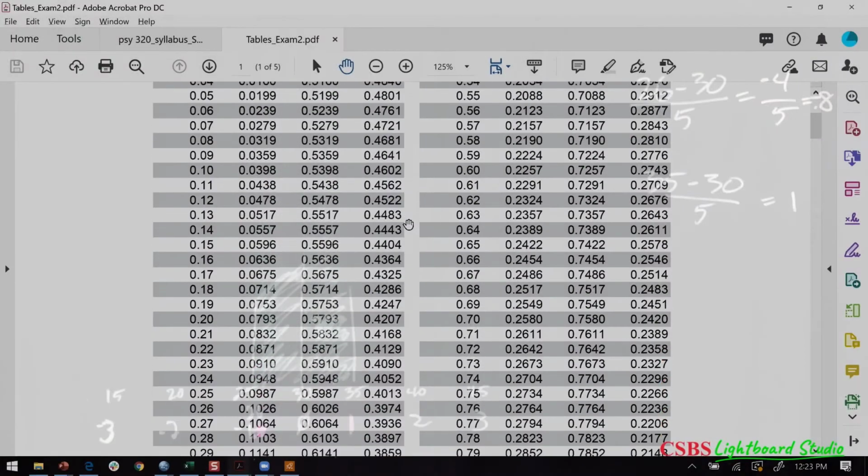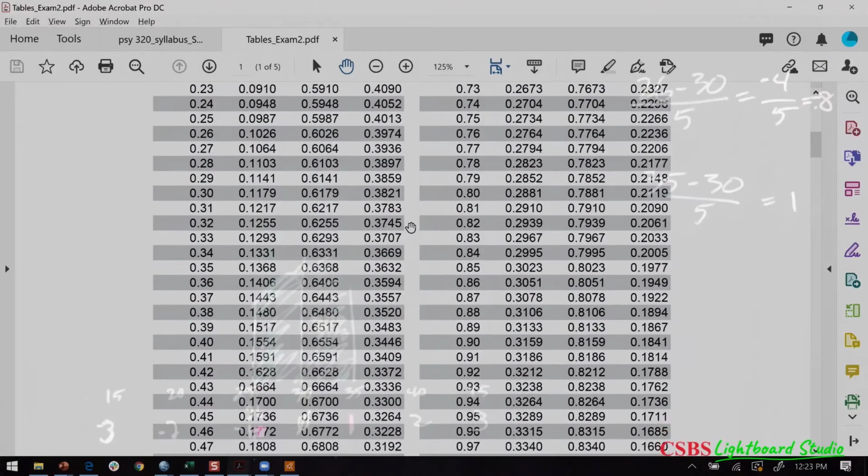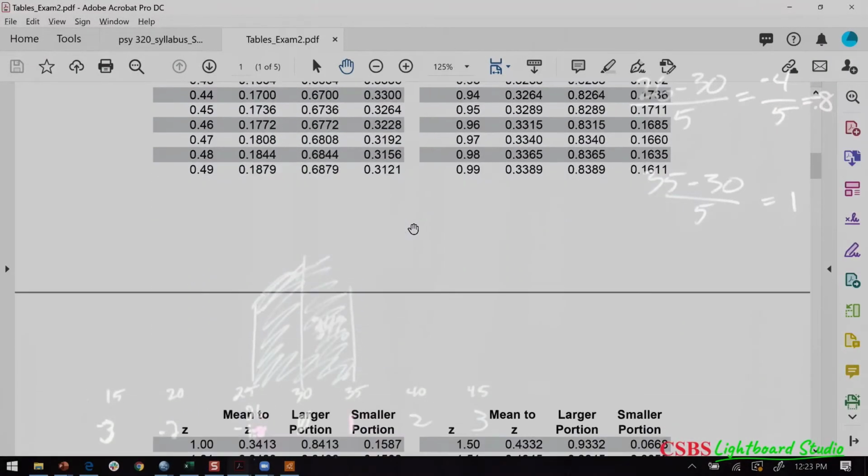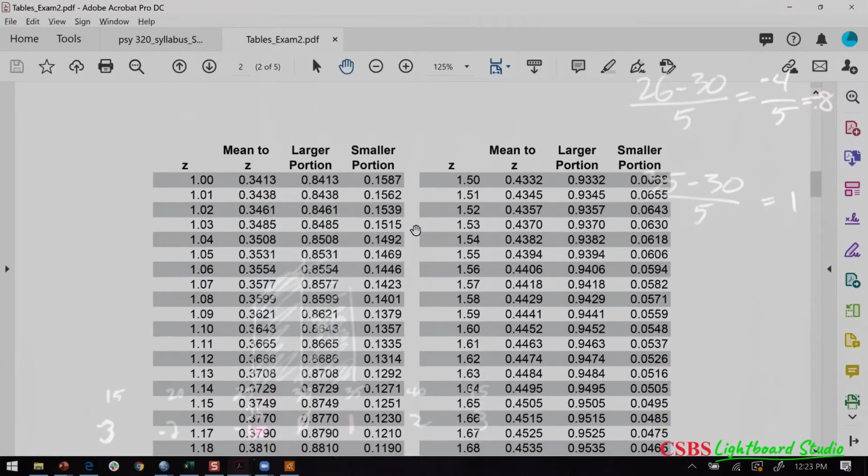Let's just look at 1 real fast just to make it sort of easy, and then we'll come back to 0.8. So for 1, again, I'm looking up the mean to z for both of these. Now, the reason I want to do that, with this distribution, I want the area from the mean to that z and the area from the mean to that z. I want those areas. Maybe a little hard to see, and I'll show you when we come back to the slides.